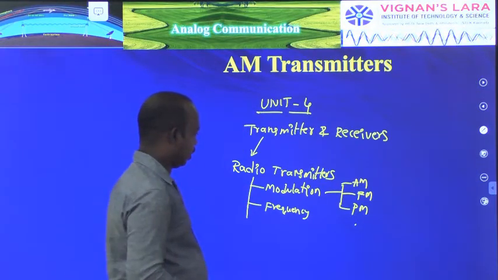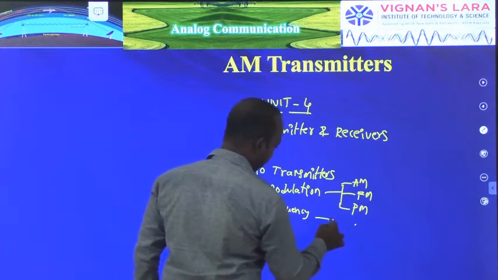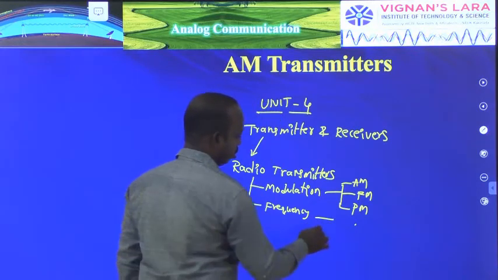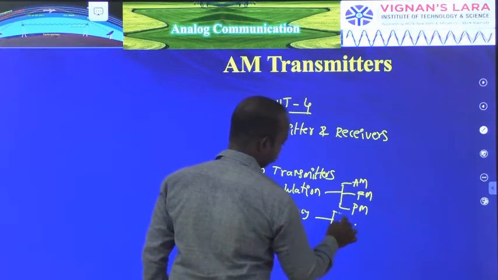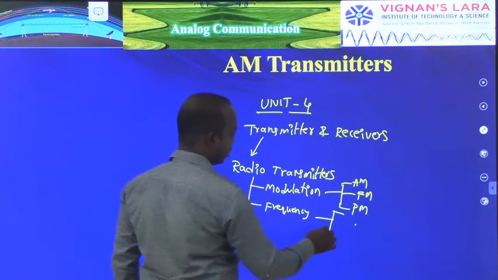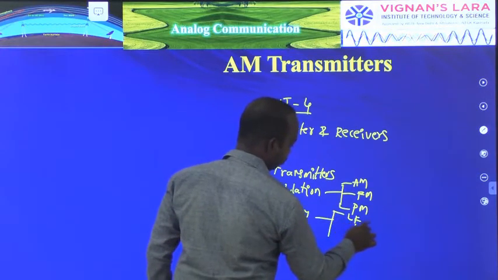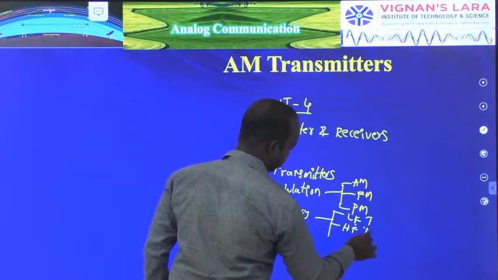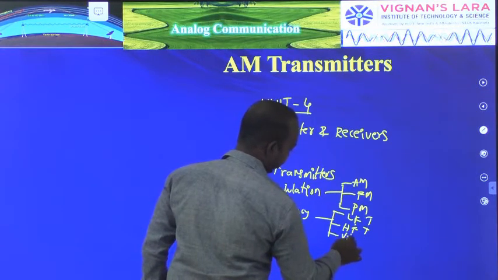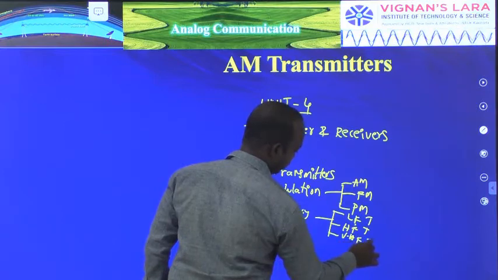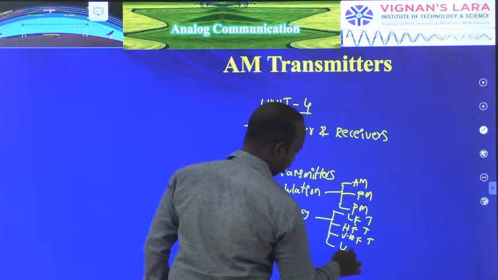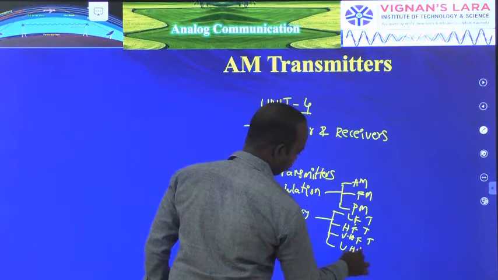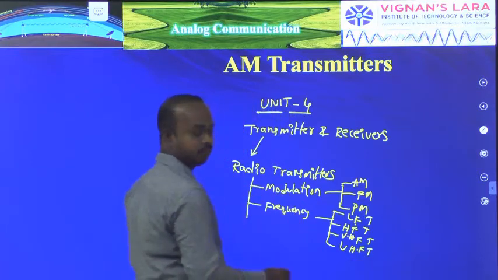Based on the frequency, we are classifying the radio transmitters into low frequency transmitters, high frequency transmitters, very high frequency transmitters, and ultra high frequency transmitters.